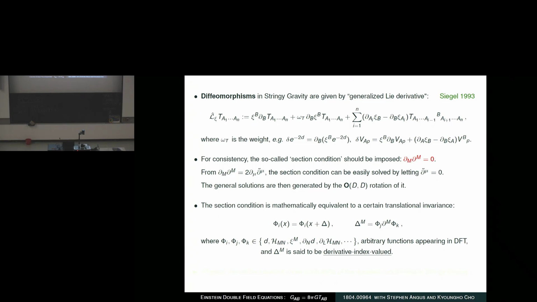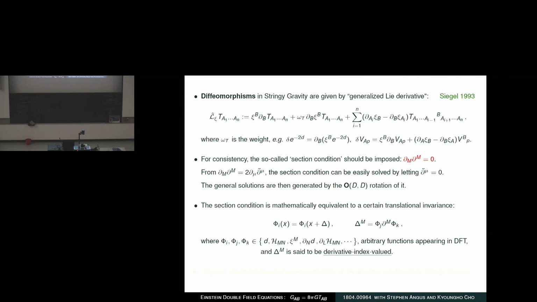So this is the rule of the game in double field theory: whenever you see the contraction of the derivative indices, they are supposed to vanish. So from this explicit expression, we note that the section condition can be easily solved by letting, for example, all the fields be independent of the tilde coordinate. The general solutions are then generated by the global O(D,D) rotation of this particular solution.